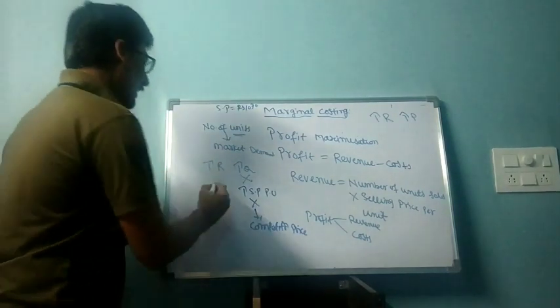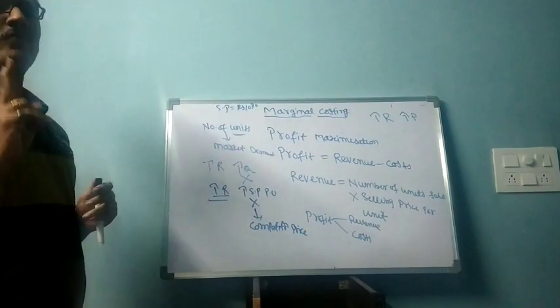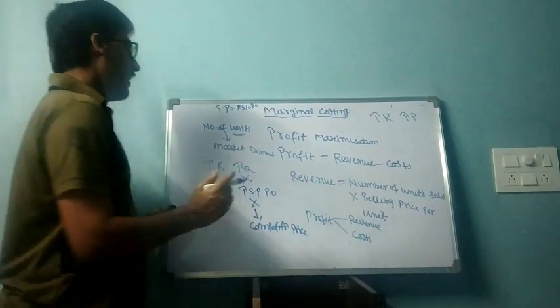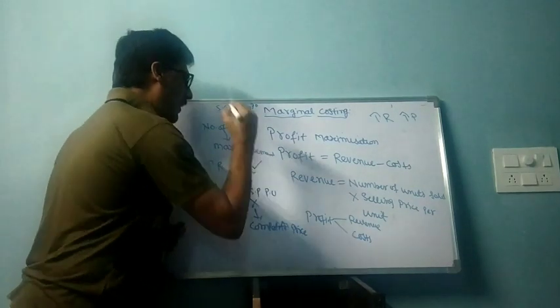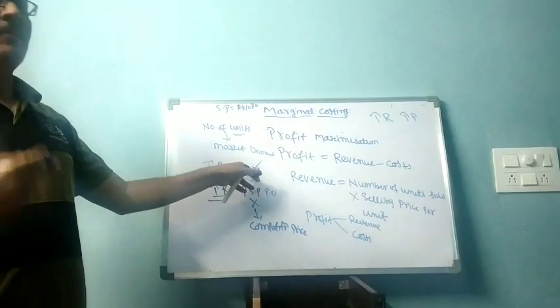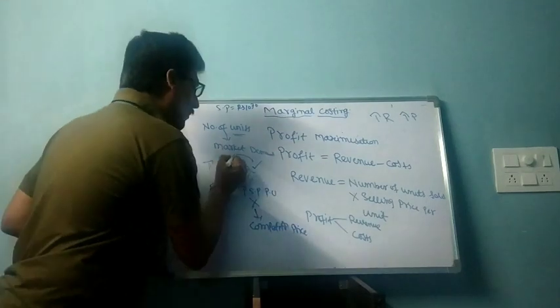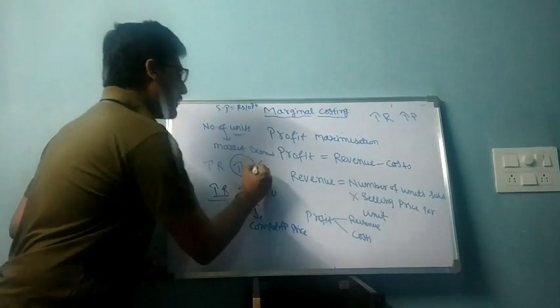That means the revenue can be increased only on account of two factors. Number one, either you should increase the number of units. Q means quantity, how many units the firm is going to sell. This is also not possible because it depends upon demand.